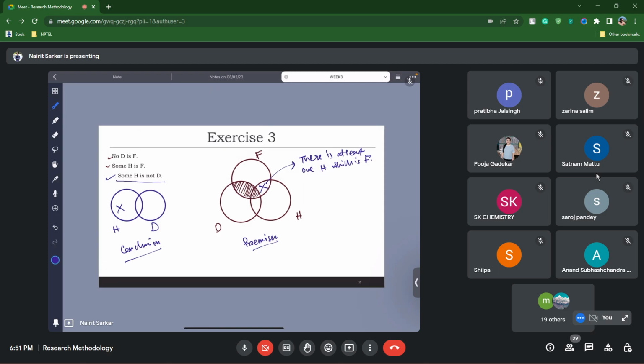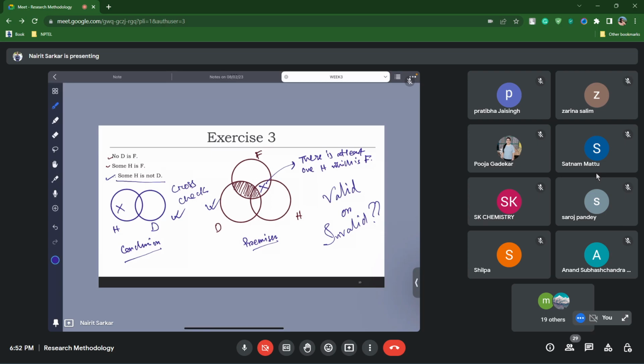Cross check between these two. Valid or not? Anyone with an answer? I need answers.